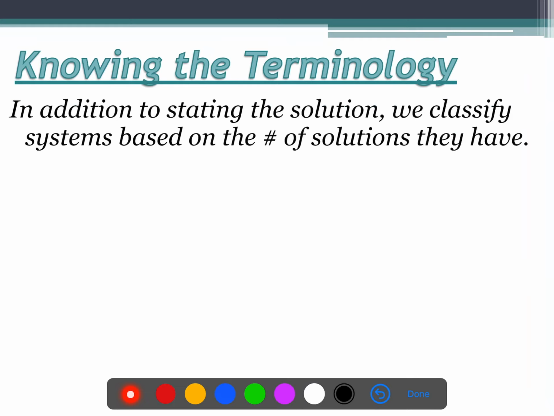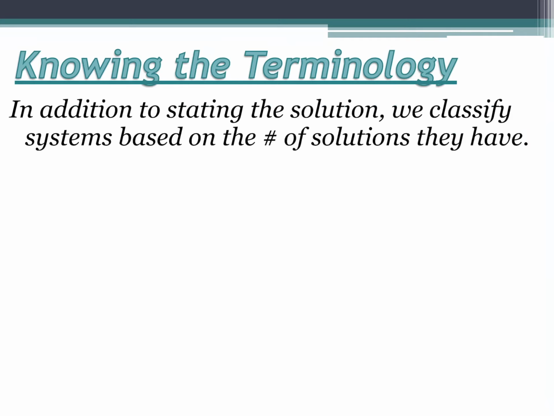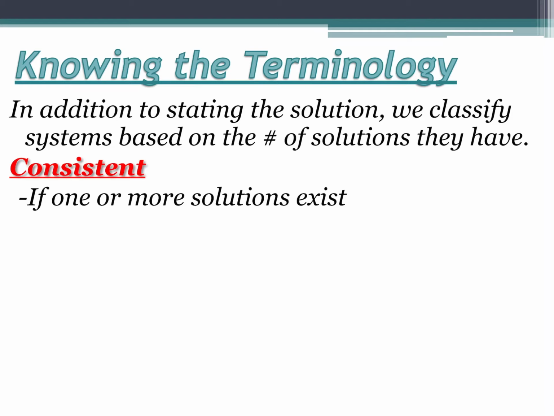In addition to knowing how to give the solution, we also classify the system based on the number of solutions they have. Our first classification is called consistent, and we use that to describe a system that has one or more solutions.